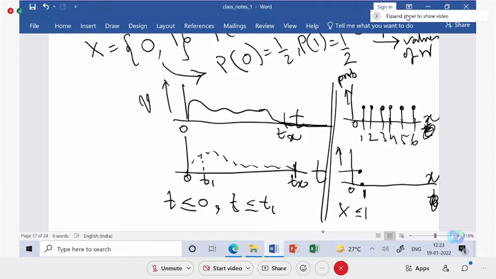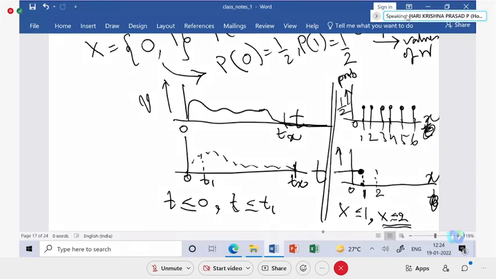The same value continues till that value. Next, what is the sum of the probabilities when the random variable X takes a value less than or equal to 2? Whenever the random variable takes a value less than or equal to 2, I should sum up all the probabilities.